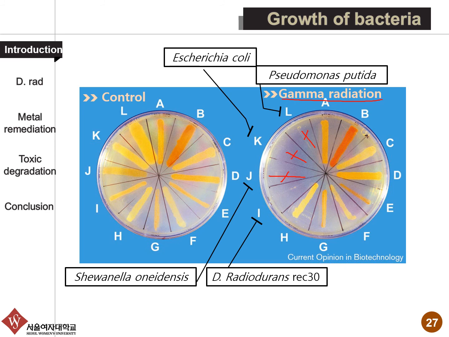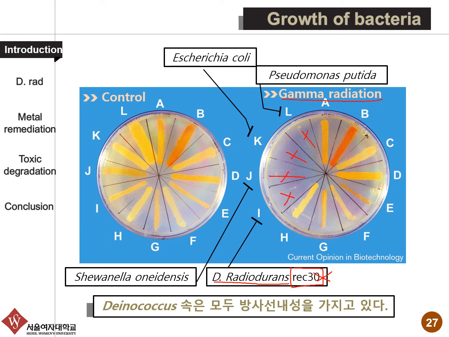And the Deinococcus radiodurans with REC 30, that is a knockout mutant without the REC-A gene, will not survive, because REC-A is one of the important proteins for cell survival after gamma radiation. So Deinococcus survives with one of the key enzymes, REC-A.